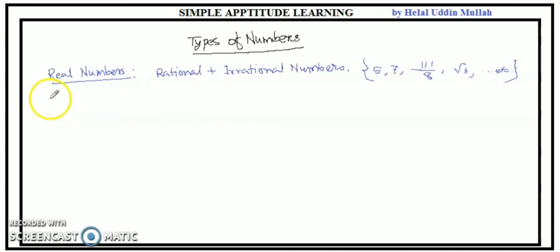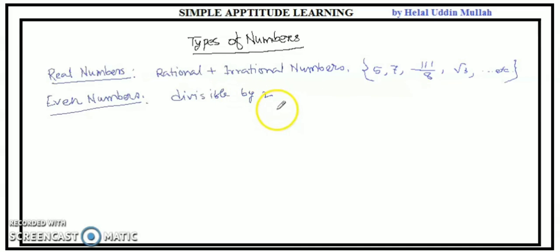Next we have even numbers. Even numbers are those numbers which are divisible by 2. For example, 2, 4, 6, 8, and all these even numbers. Next is odd numbers.